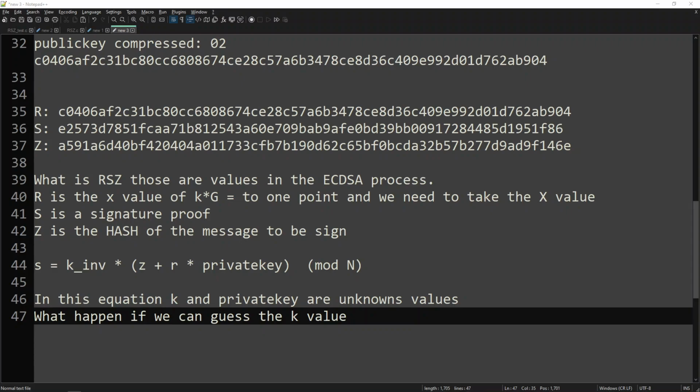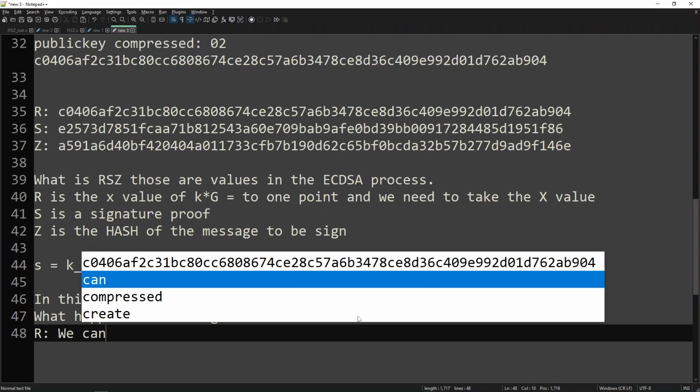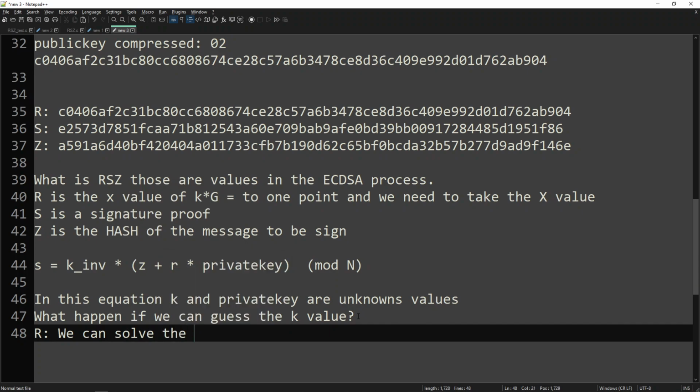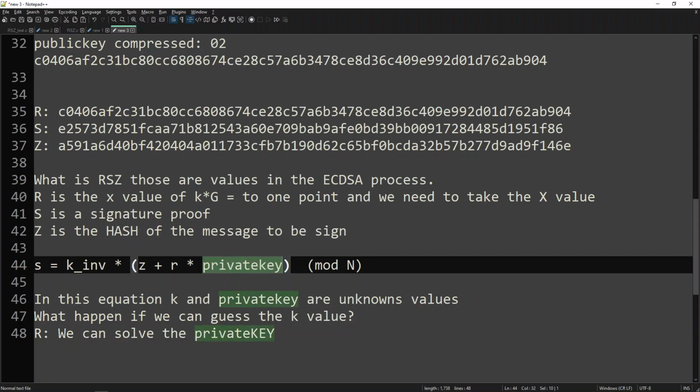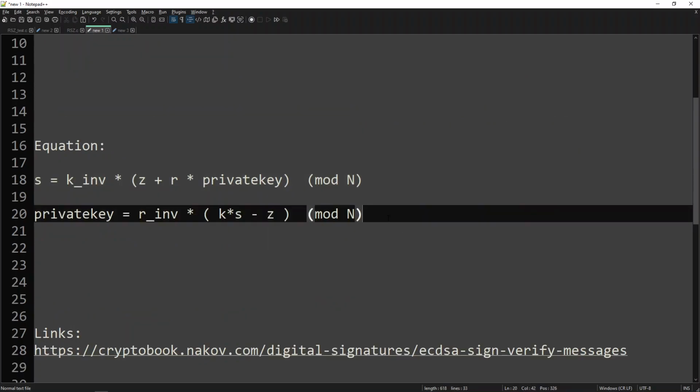So what happens if we can guess the k value? We can solve the private key. So the equation to solve this private key, if you already know the k value, is the next equation.